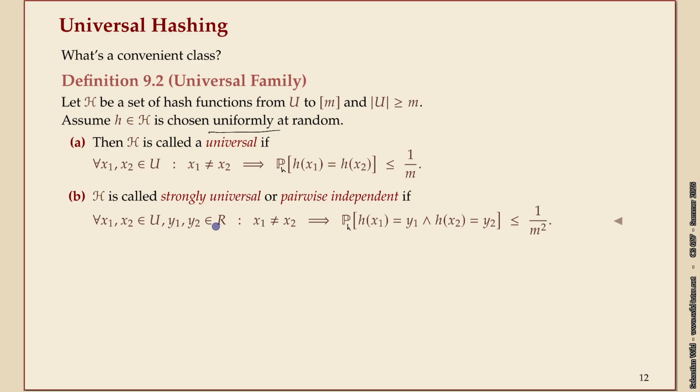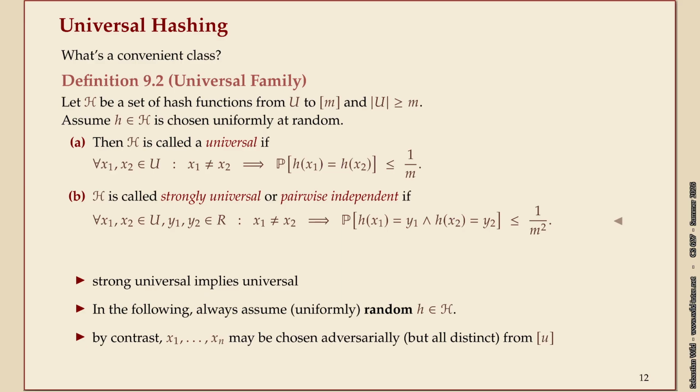And strongly universal is a slight twist on this, where not just the collision has a certain probability, but the probability that the hash function takes two given values has to be essentially what you would expect from a uniform random hash function. So both of these properties would be fulfilled by all possible hash functions. Taking a uniform function out of all possible hash functions would be a universal family of hash functions. But we've already established that it's not a useful one.